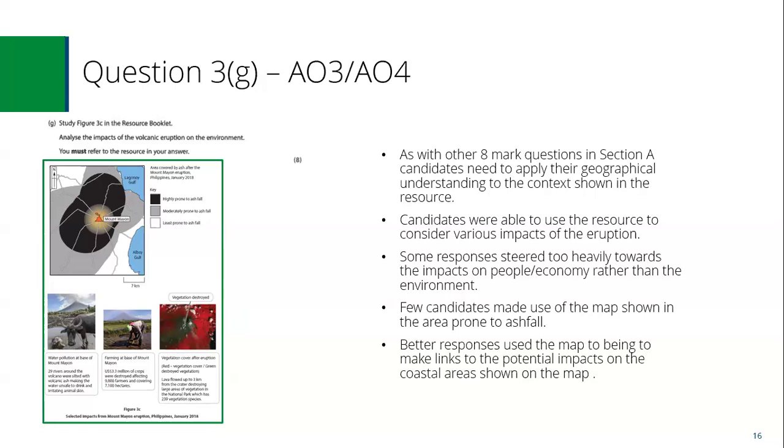Some responses steered far too heavily on impacts on people and the economy rather than the environment. Few candidates made use of the map shown in the area as prone to ashfall, for instance, and better responses used the map to begin to make links to the potential impacts of coastal areas shown on it. So things like pollution or whatever it might be.